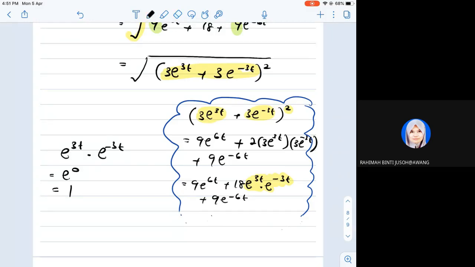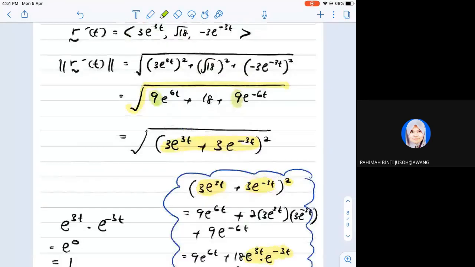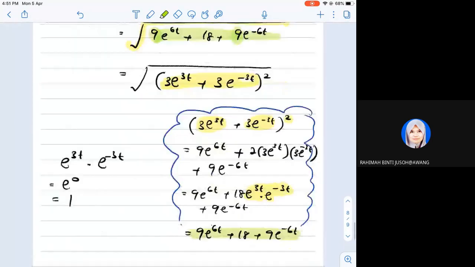So, you akan dapat 9 eksponen 6T tambah 18 tambah 9 eksponen negatif 6T. Okey, so yang ni adalah sama macam yang atas tadi. Ni adalah sama macam yang ni. Isn't it? Sama kan? Yes.